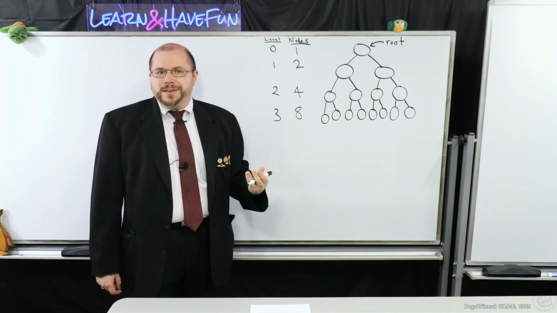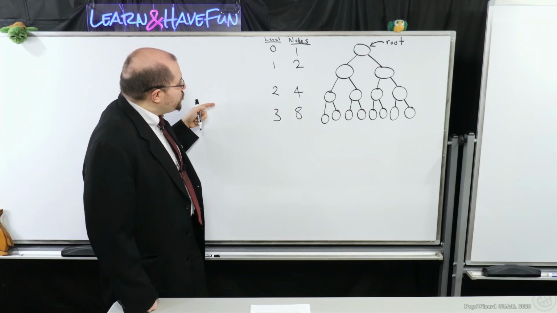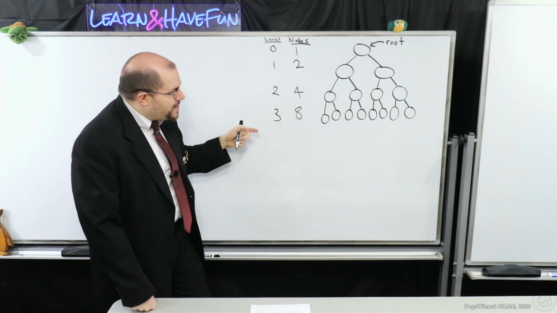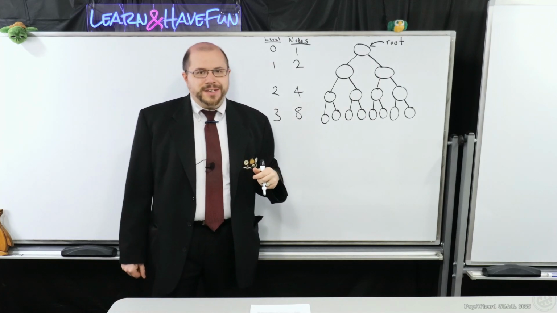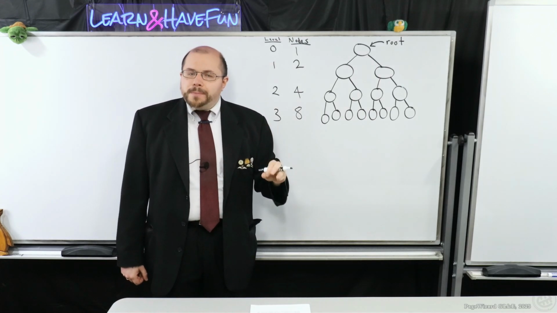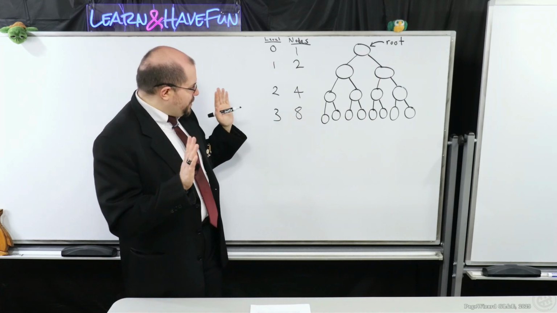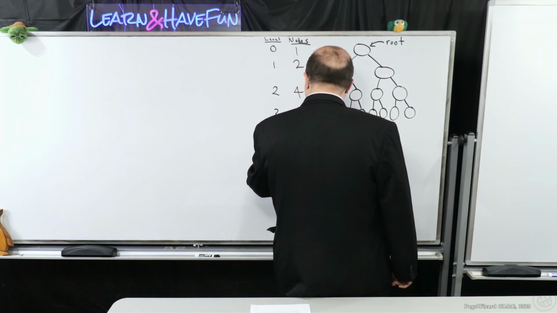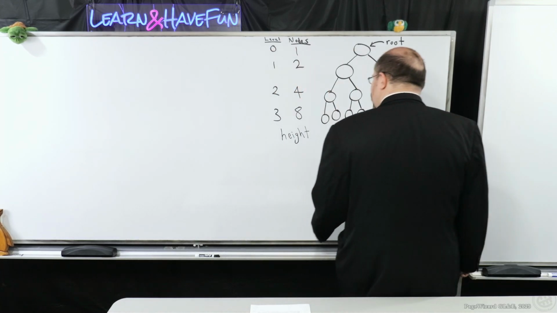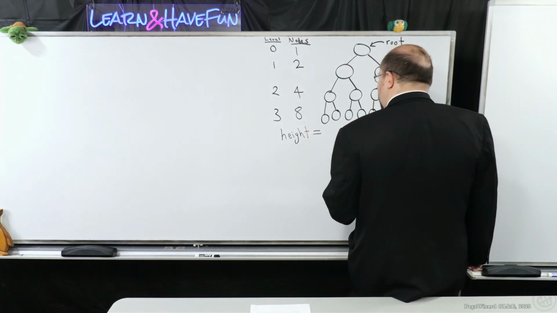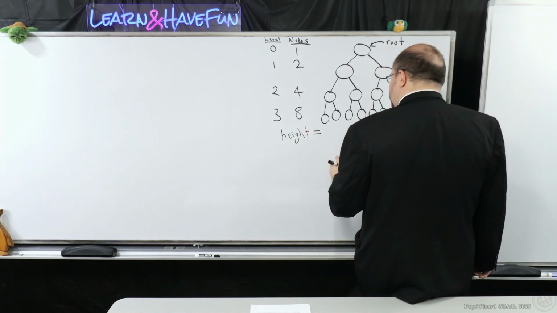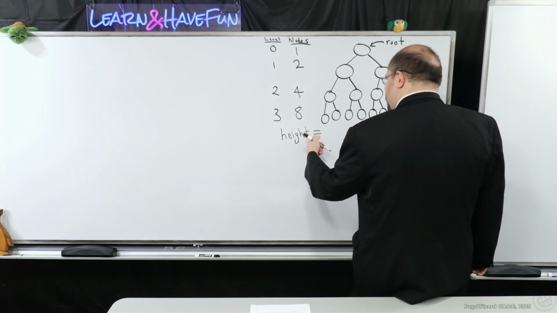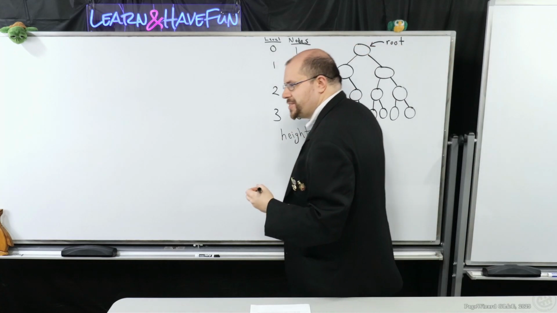Because of the depth. But we can describe also that a tree has levels, and that's how we're organizing the nodes here. So please keep in mind that the height of the tree is always related to the number of levels.